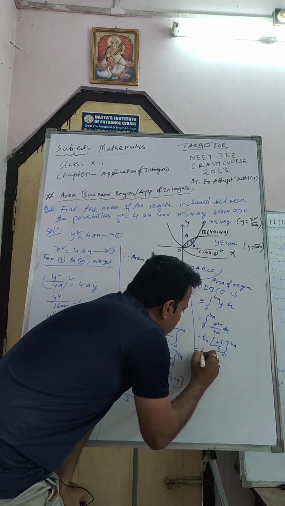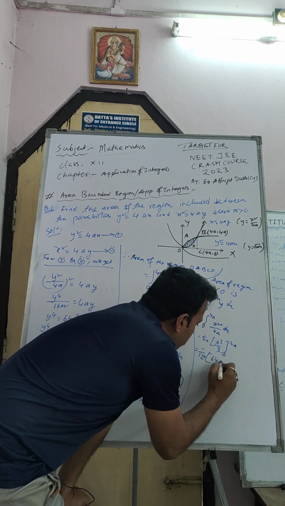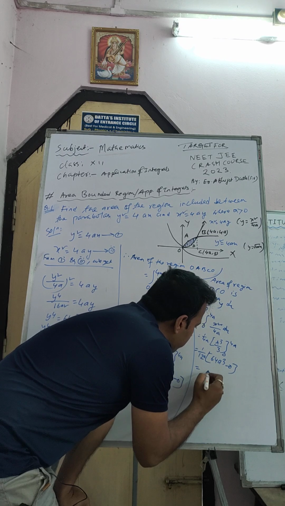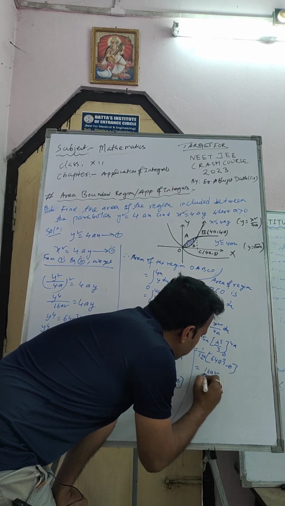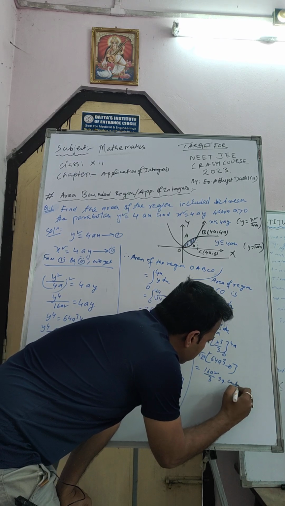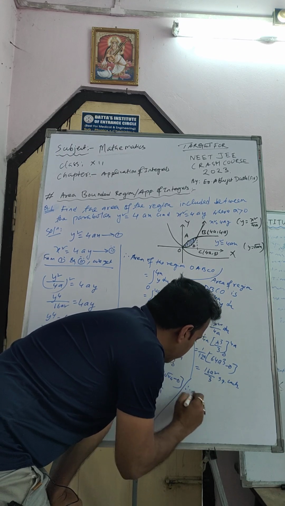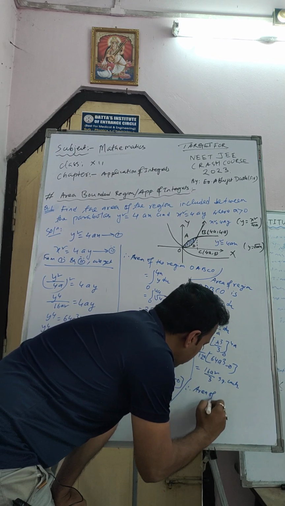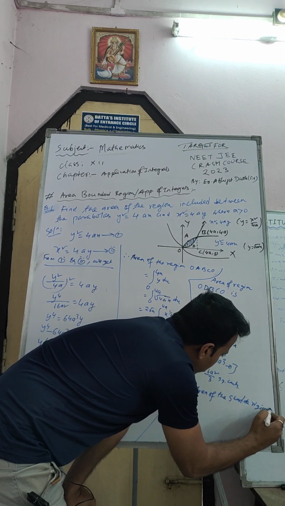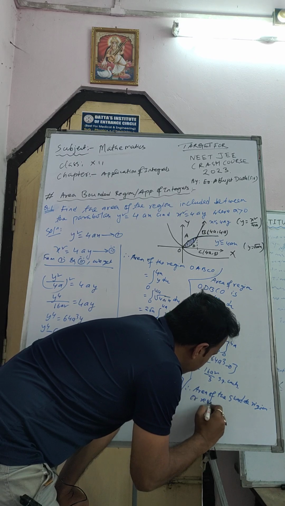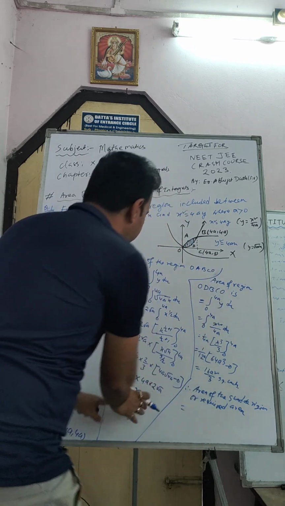Now it will become 1 by 12a times 4a, that is 64a cube minus 0. It will become 16a square by 3 square unit. Therefore the area of the shaded region, or the required area, will be this area minus this area.